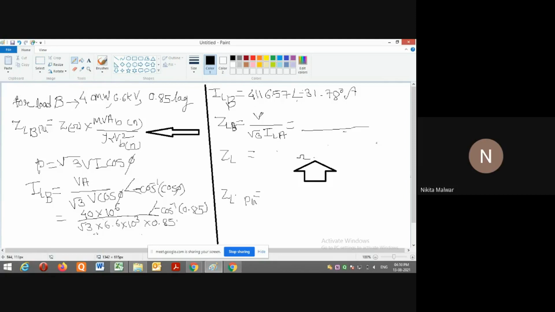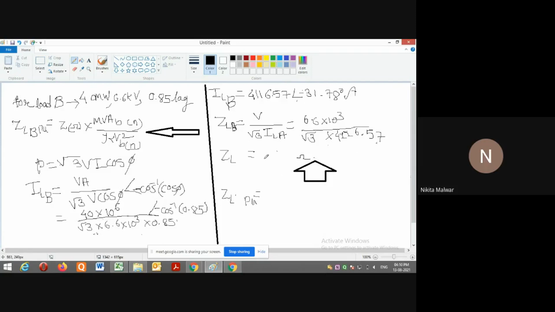For B, V is 6.6 multiplied by 10 to the power 3 divided by root 3, divided by the current. Putting this value, we will consider here only the magnitude, 4116.57.